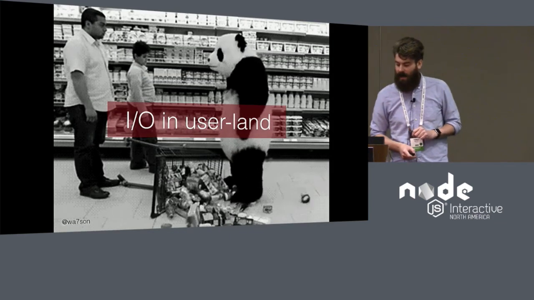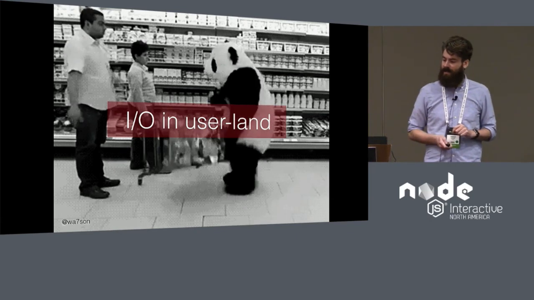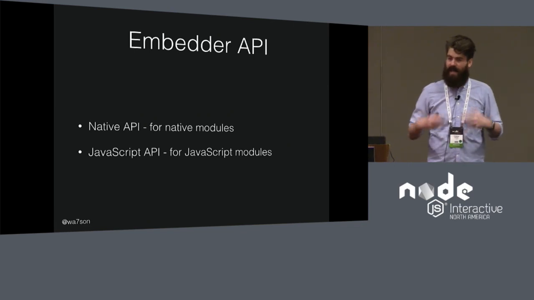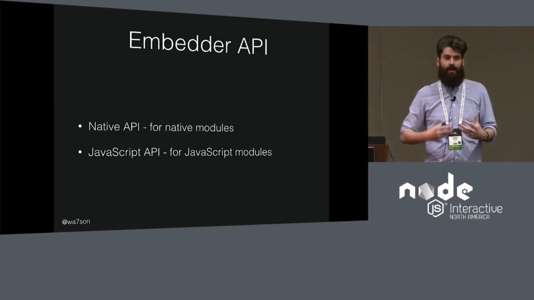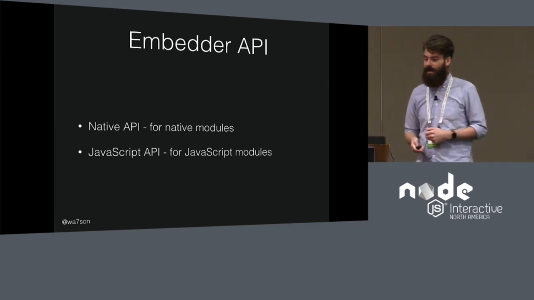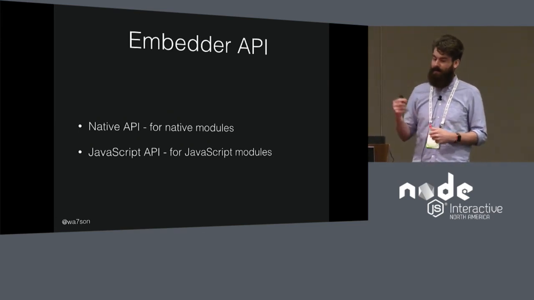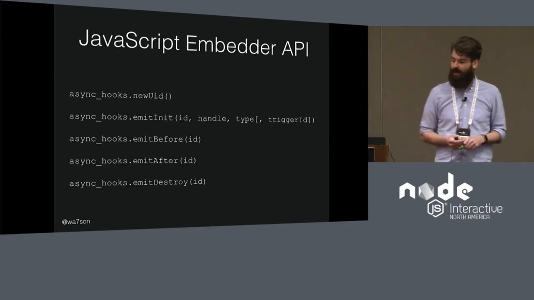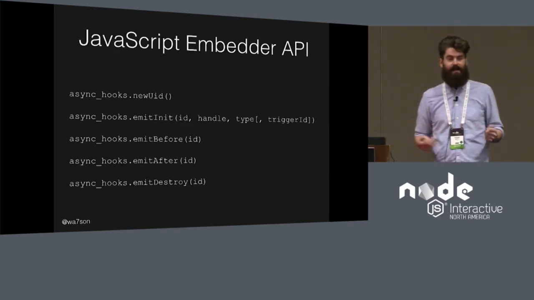There's going to be a solution to the I/O and user land. So there's going to be a new Embedder API. It's not shipped yet, but it's coming. That allows you, if you're doing your own I/O, if you're doing native modules, to actually fire these events yourself. So in JavaScript, it will look like this. You can emit an init call.